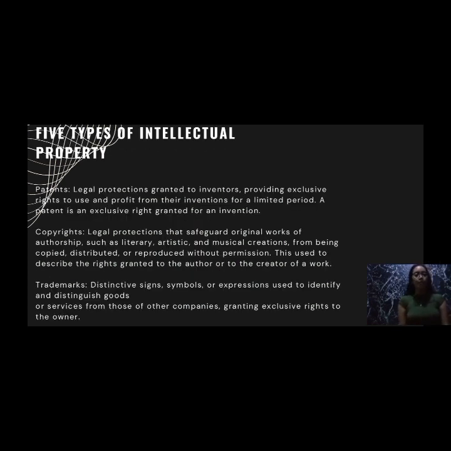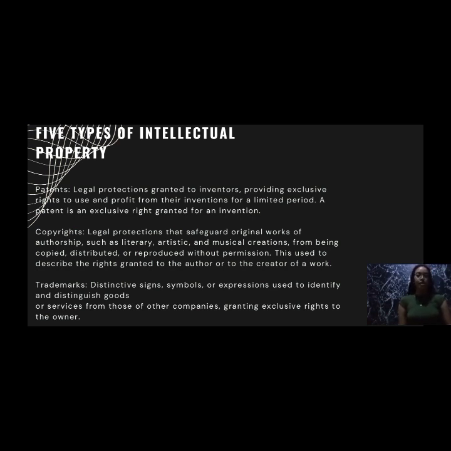There are five types of intellectual property. The first is patents. Patents are legal protections guaranteed to inventors, providing exclusive right to use and profit from their inventions for a limited period.